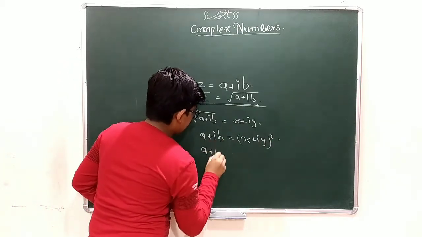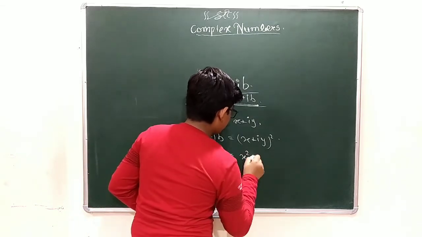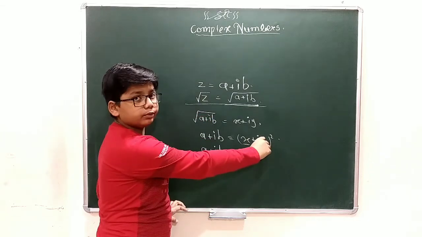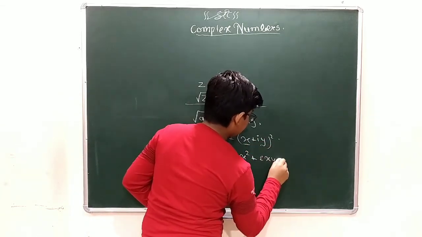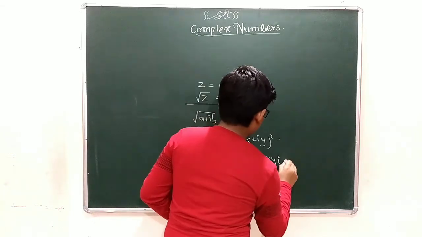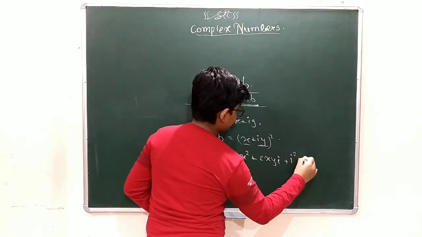So a plus ib is equal to x squared plus 2 into x into iy, that is 2xy i, plus (iy) whole squared, which is i squared y squared.